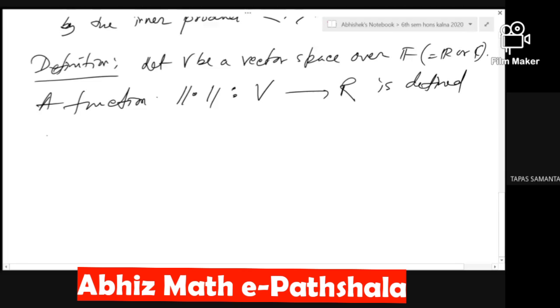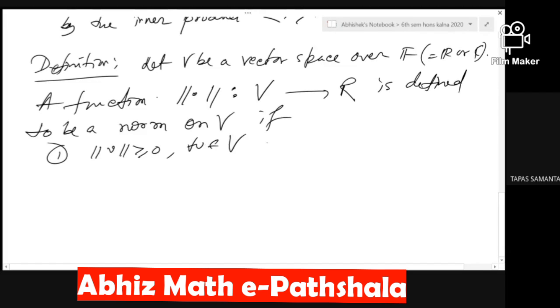A function denoted by this, from the vector space V to R, is defined to be a norm on V if number one: norm of v is greater or equal to 0 for all v belonging to V, and norm v will be 0 if and only if v equals theta.